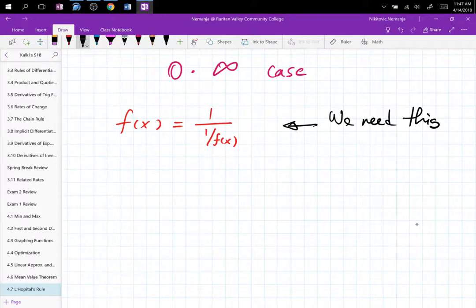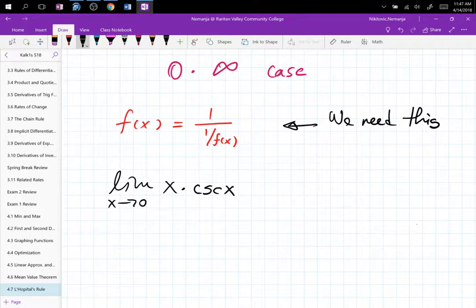Okay, so let's say we have the limit as x goes to 0 of x times cosecant x. What you have here is 0 times infinity. When you plug in 0 for x, you get 0. When you plug 0 into cosecant, you get infinity, sorry.